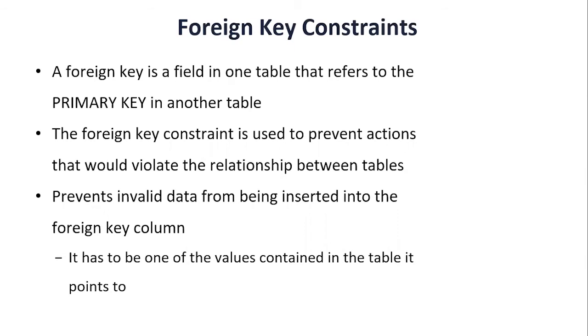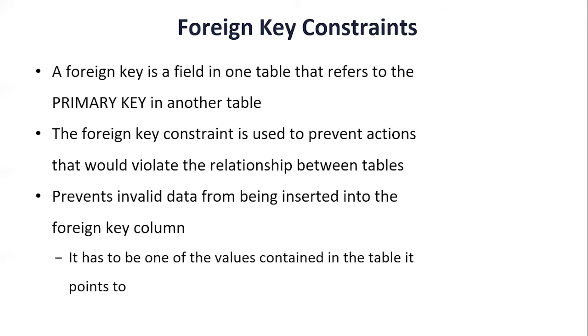So what that means is basically when we impose a foreign key constraint, that will prevent invalid data from being inserted into that foreign key column. Invalid data means it always has to be a primary key of that particular other table.